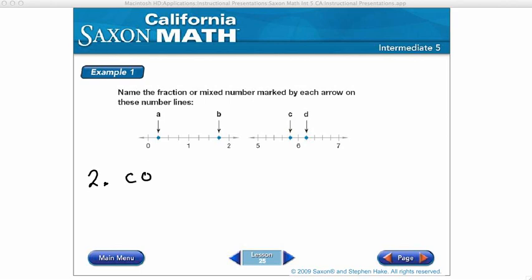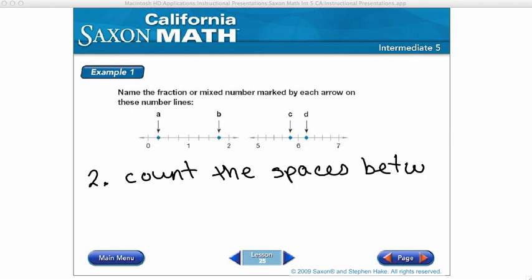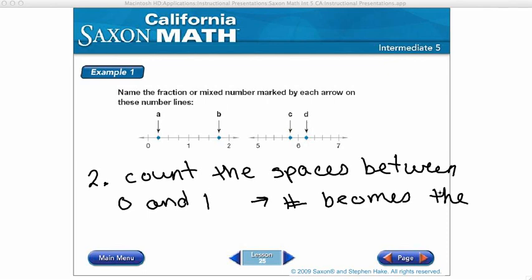is to count the spaces between 0 and 1. That number becomes the denominator of your fraction.